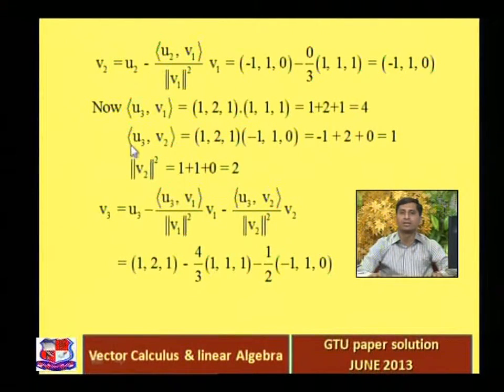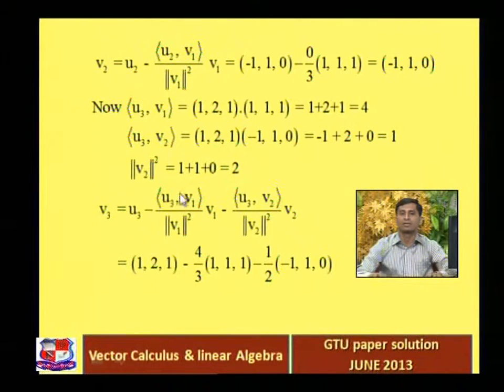Now we find v3. Here is the formula for v3: u3 minus inner product u3 v1 upon norm v1 squared into v1, minus inner product u3 v2 upon norm v2 squared into v2. For that we have to find inner product u3 v1.